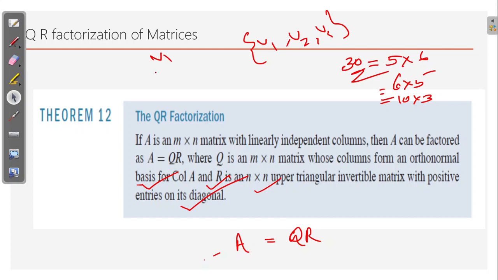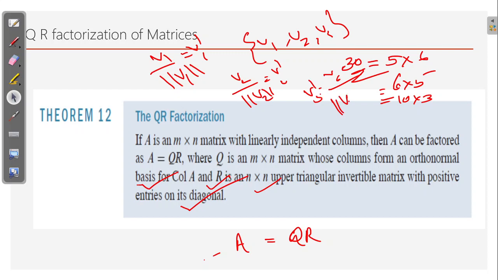That is v1 by norm v1, equal to v1 dash, v2 by norm v2 equal to v2 dash, and v3 dash equal to v3 by norm v3. So the set v1 dash, v2 dash, and v3 dash will form the orthonormal basis.